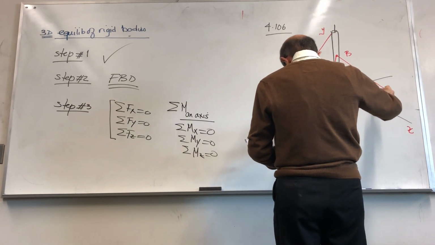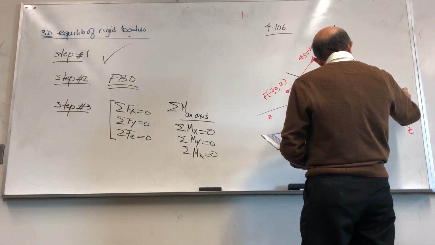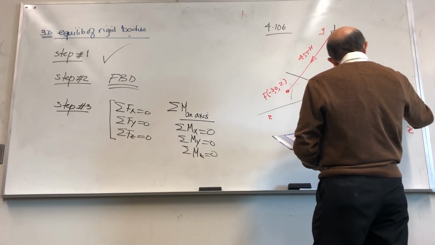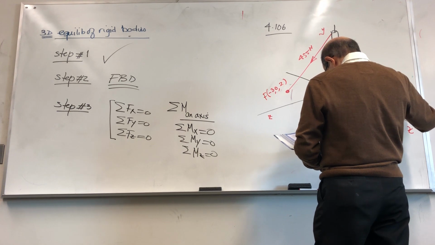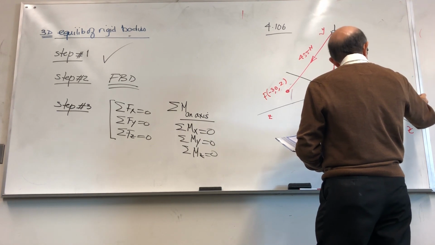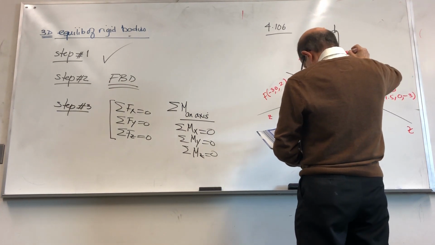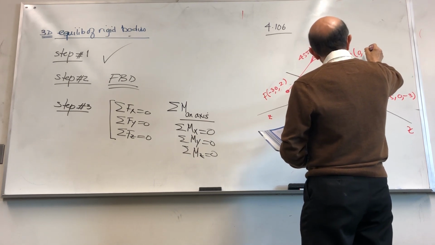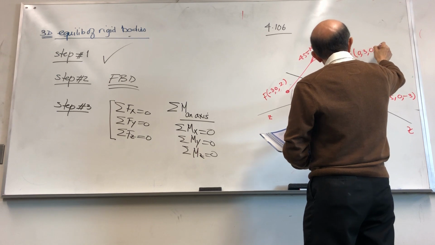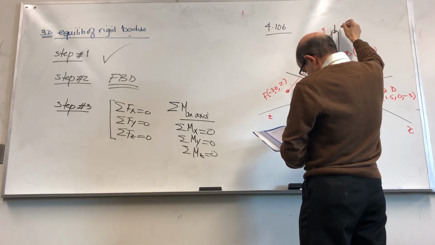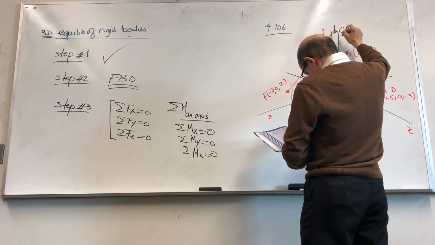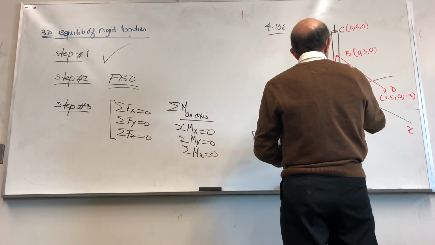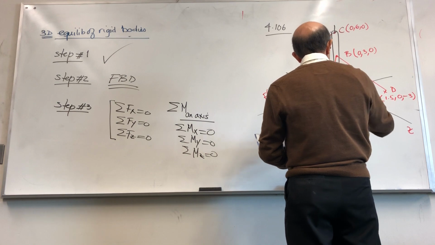The other point D is X of 1.5, Y of 0, and Z of -3. Point B is 3 meters above the ground, so 3, 0, and point C is at 6 meters above the ground. This is 0, 0, 0.